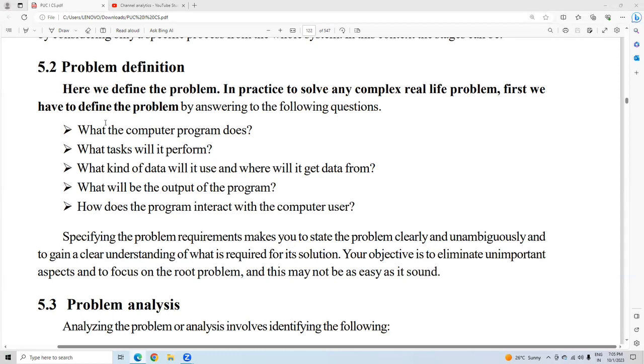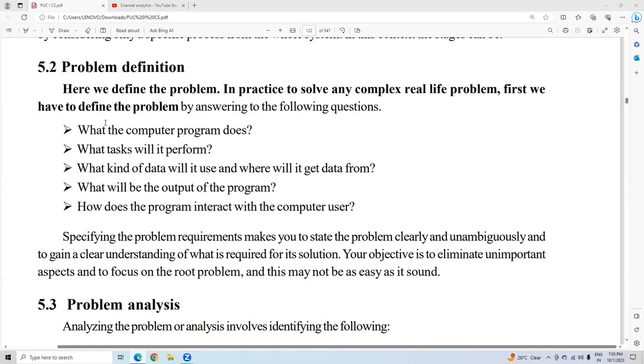So here, specifying the problem requirement makes you state the problem clearly and unambiguously, and gain a clear understanding of what is required for its solution. So with this, what happens? You will get complete clarity on what the actual program is. All right.